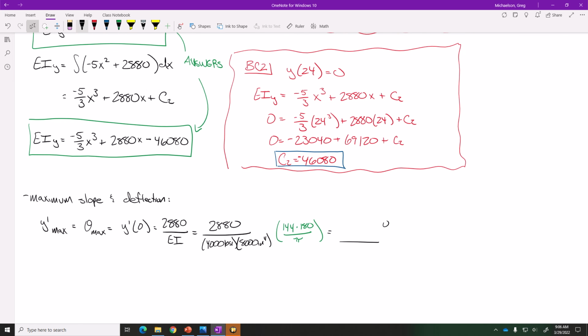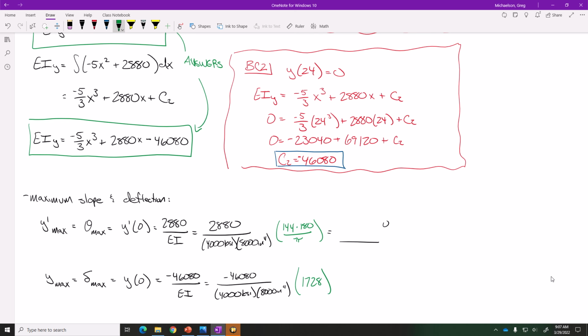And then for Ymax, which is sometimes called in the textbook delta max. So if you see delta max, that's the same thing. So it's just y of 0, in this case negative 46,080 over EI. Again, different unit conversion factor, but sort of the same magic.